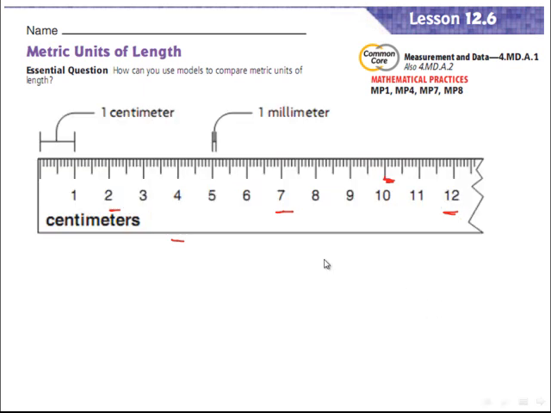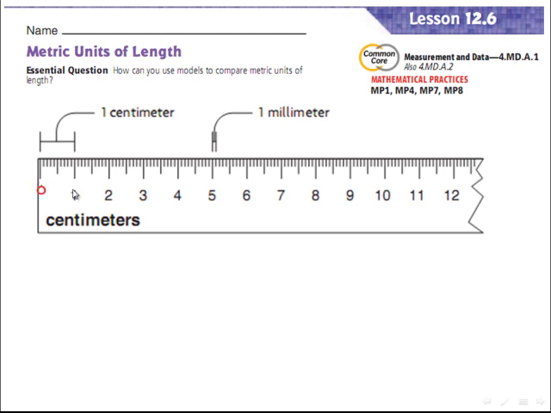Let's see. Here, as you see, I have a ruler. Ruler has centimeters from 1 here to 12. From 1 to 12, as you see. Here, there is 0.